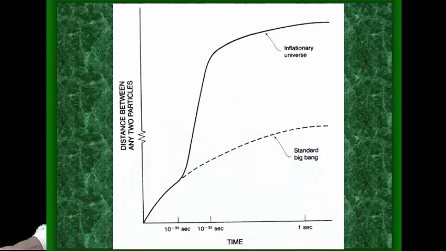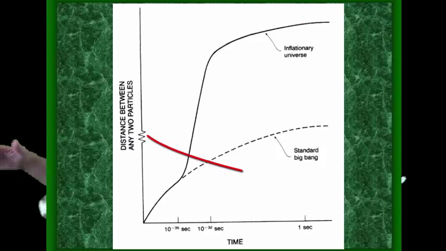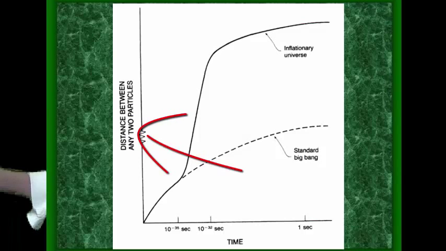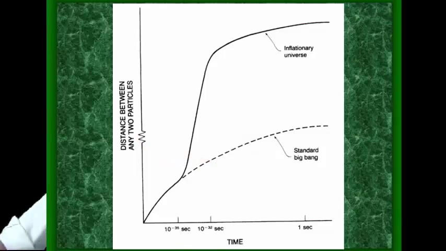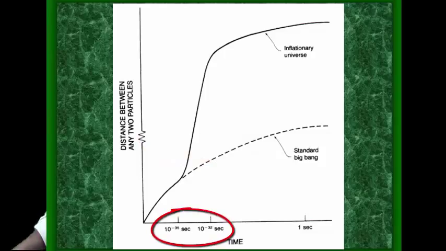And if you look at this graph, you can see just how incredible this was. You see time on the x-axis, and of course the distance between any two particles, that's basically what measures space-time expansion. It's happening in minute fractions of a second. We're getting this inflation.